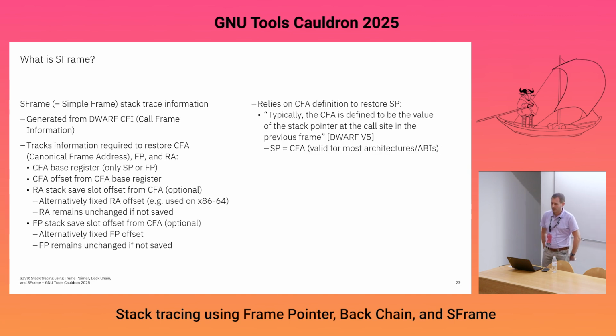For the stack pointer, SFrame relies on the definition of the CFA. DWARF version 5 states: typically the CFA is defined to be the value of the stack pointer at the call site in the previous frame, which boils down to the stack pointer equals CFA, which is valid for most architectures.